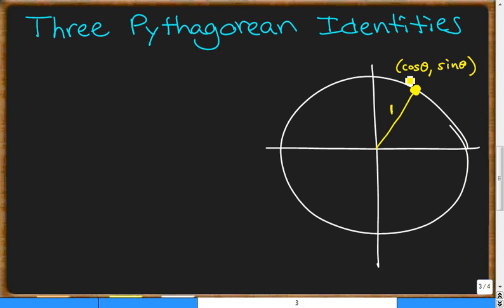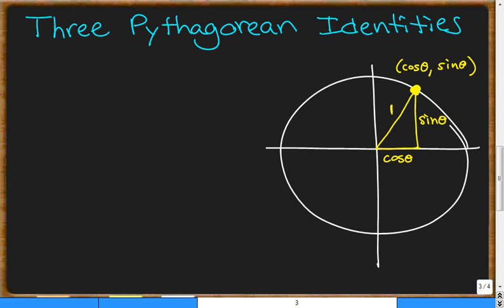So our cosine represents x. Well, that's the same thing as the x down here, right? So this is the same thing as cosine of theta. Our sine represents the height here, how high up we are. This is the sine of theta. Well, if we link this with something that we've used before, the Pythagorean theorem, we can create a new identity.